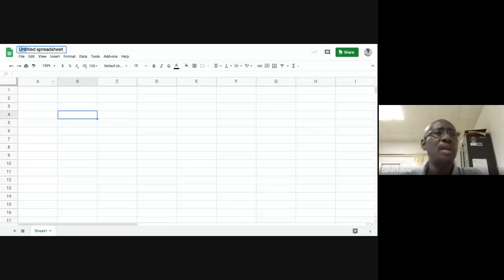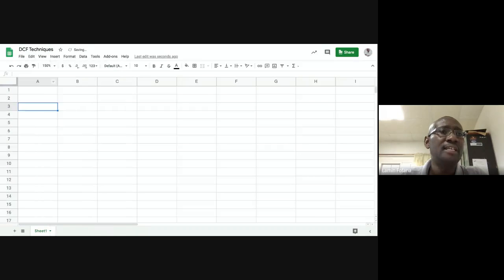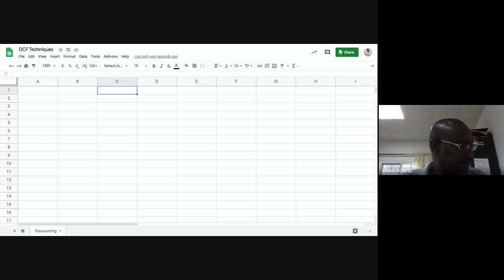This is what we are going to use for all our DCF techniques. So I'm going to call it DCF techniques, discounted cash flow techniques. The first sheet, I'm going to name it discounting. Okay, are we together?